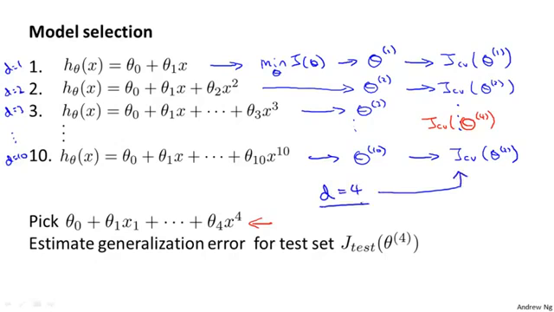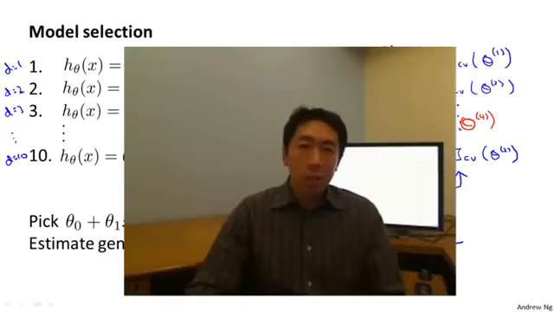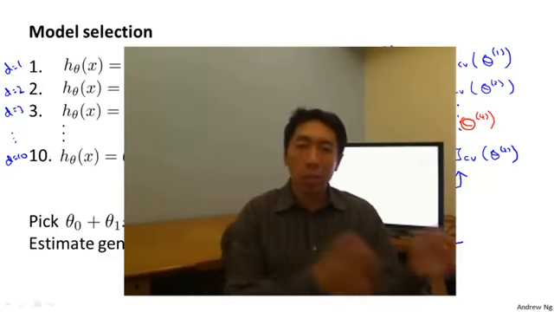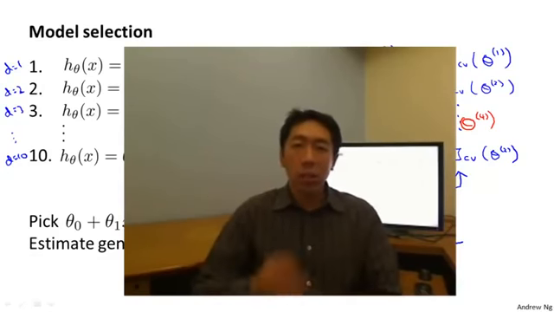So the degree of polynomial is no longer fit to the test set, and we've saved away the test set, and we can use it to estimate the generalization error of the model that was selected by this algorithm. So that was model selection, and how you can take your data, split it into a train, validation, and test set, use your cross-validation data to select the model, and evaluate it on the test set.